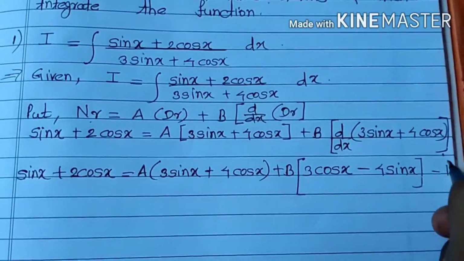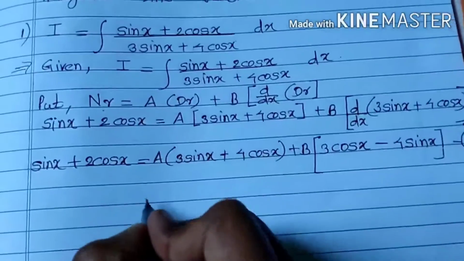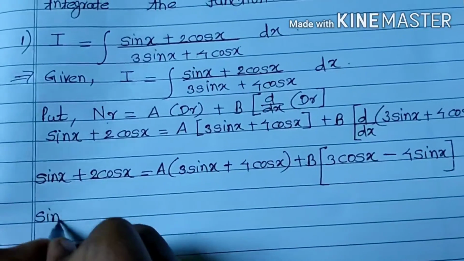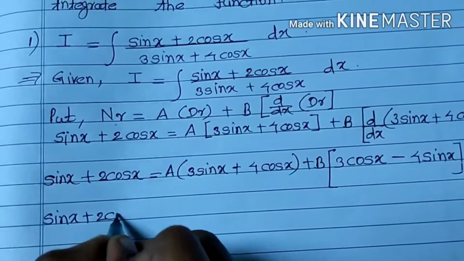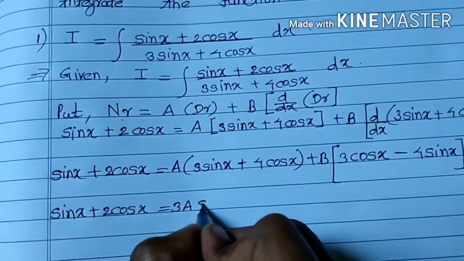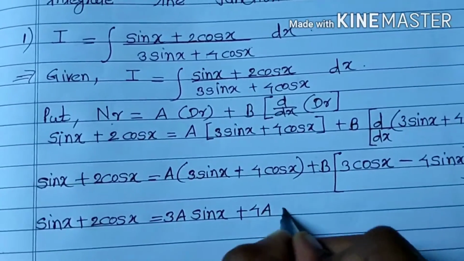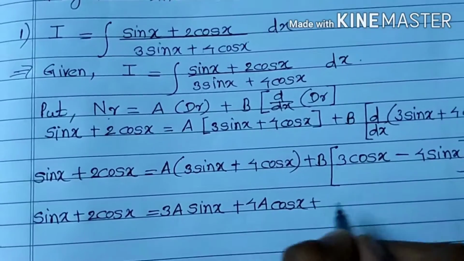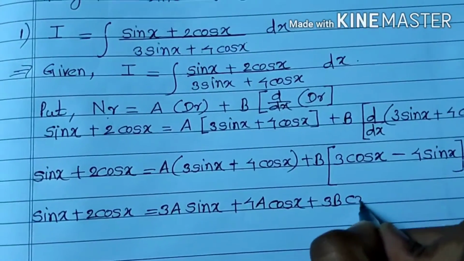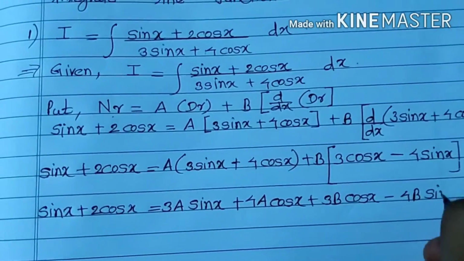Call it equation first. Now multiply this a. So we get sin x plus 2 cos x is equal to 3a sin x plus 4a cos x plus 3b cos x minus 4b sin x.